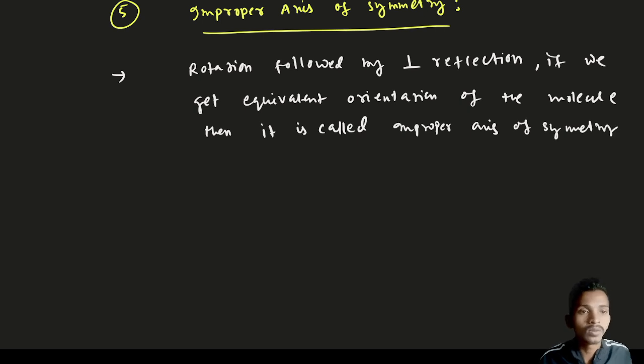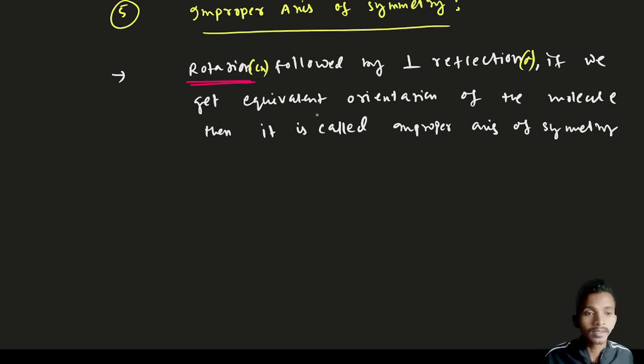Improper axis of symmetry means that two operations we are applying here. One is rotation, that is the Cn axis, and the other is perpendicular reflection, where you apply sigma. So two symmetry elements you are applying, Cn and sigma.